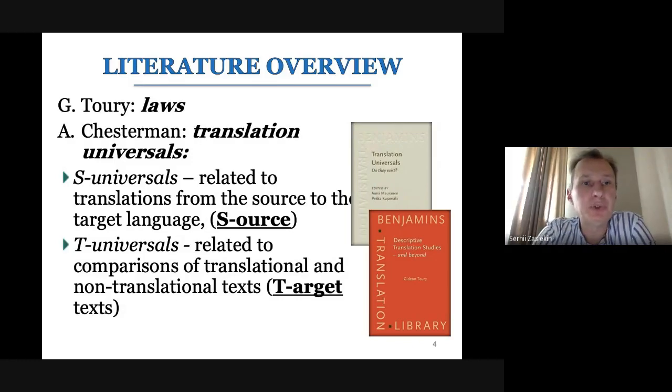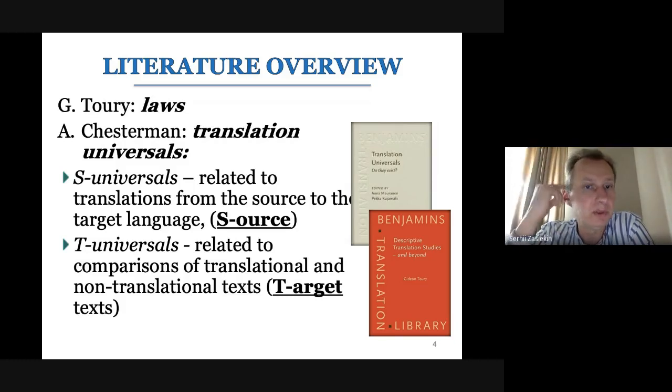An Israeli scholar in the field of translation studies, Gideon Toury, suggests his own label for those deforming tendencies. He calls them laws. And he implies by saying it that this is typical, like laws or regularities, typical for any translation.